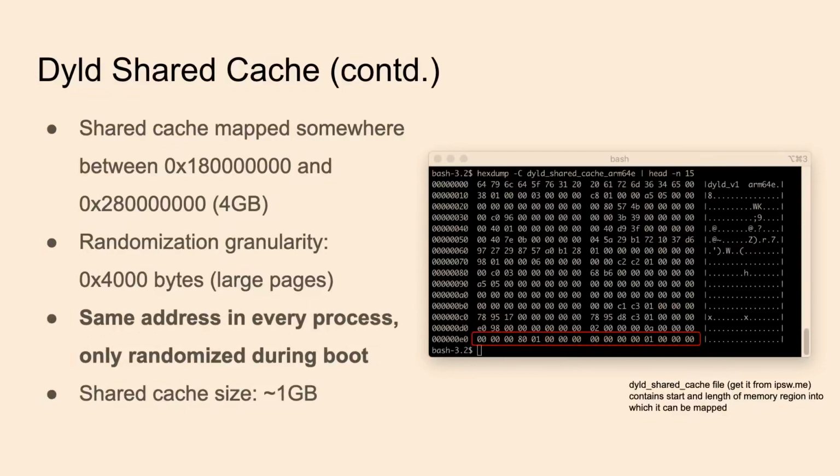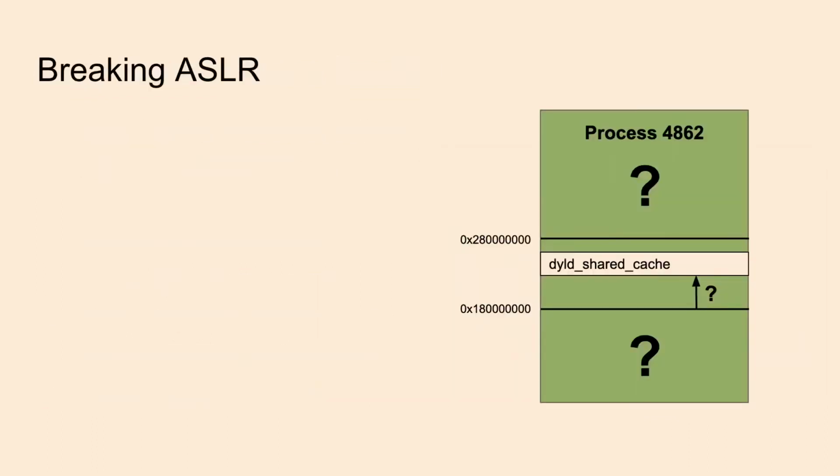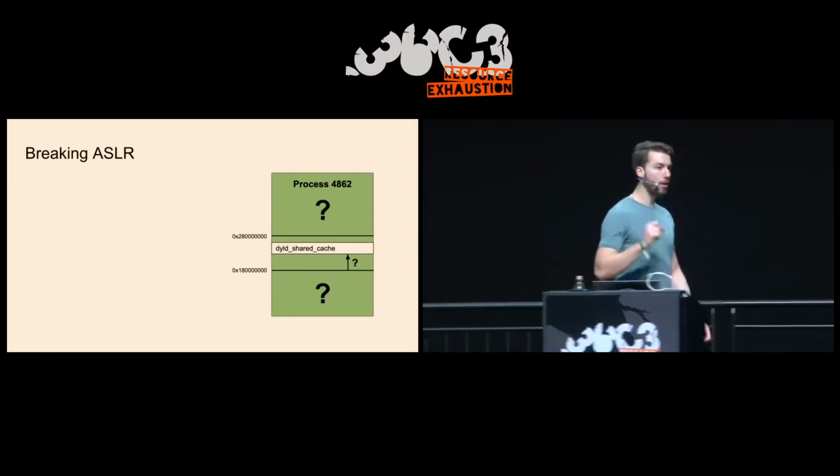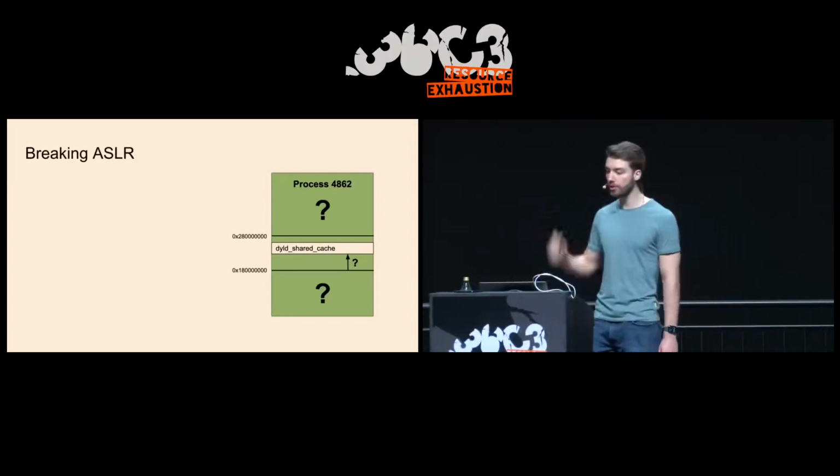So if you have 2 different processes on the same device, the shared cache is at the same virtual address. And if you have one process and it crashes and you have another one and so on, the shared cache is always going to be at the same address. And that makes it really interesting. And also it's 1 GB in size. It's gigantic, so it's not too hard to find in this 4 GB region. Right, so this is what our task has boiled down to at this point. We have this address range, we have the shared cache, and all we need to know now is what is this offset.